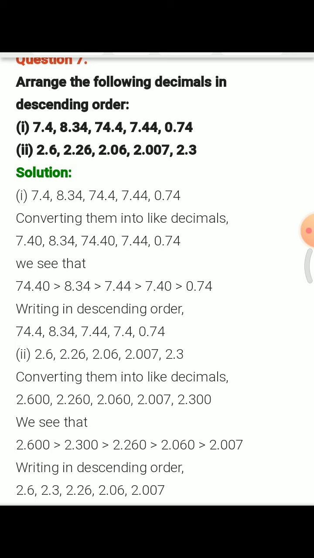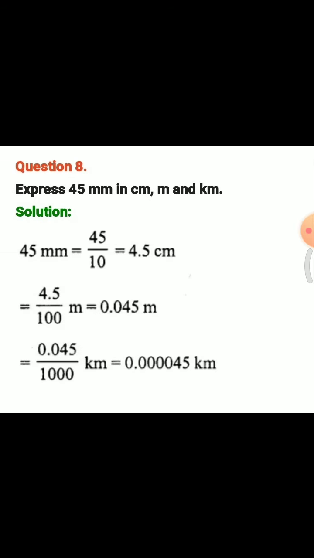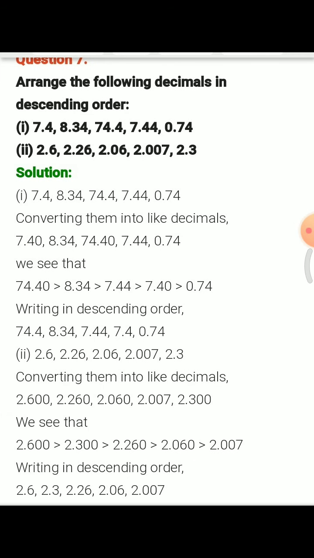So at first you convert it into like terms. So 7.40, 8.34, 74.40, 7.44 and 0.74. Okay. After that you tell me which number is greater. So you tell me very easily that 74.4 is the greatest number.